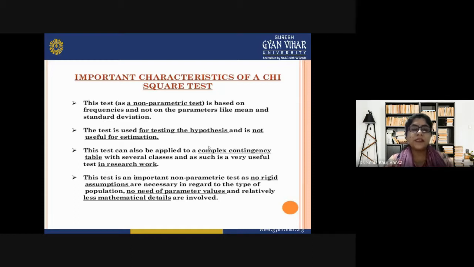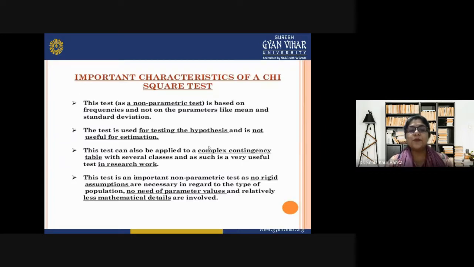So the test is used for testing the hypothesis and is not useful for estimation. So this is how it is working. All right, students. So let's understand it in that way. This test can be applied to a complex contingency table with several classes, and as such is a very useful test in research work.